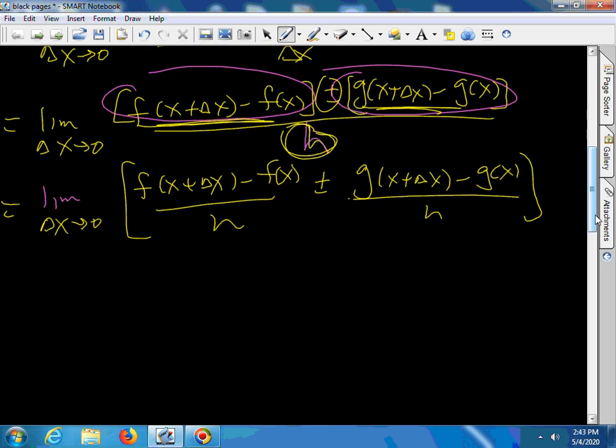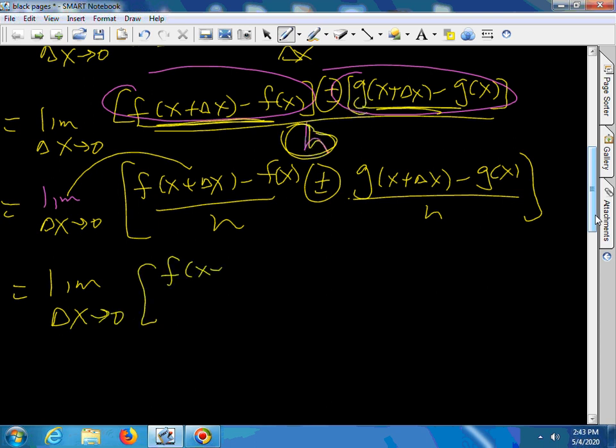But the limit of a sum or difference is the sum or difference of the limits. That is, I can distribute. It's the limit as delta x goes to 0 of this difference quotient plus or minus the limit of the second term.